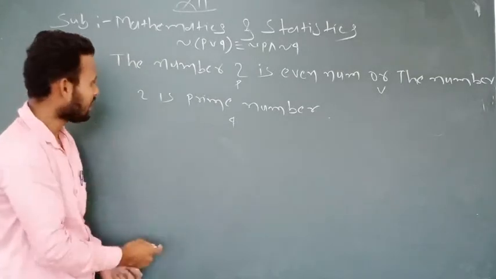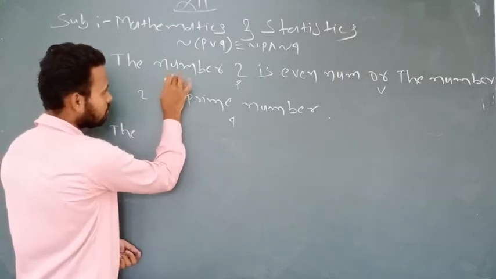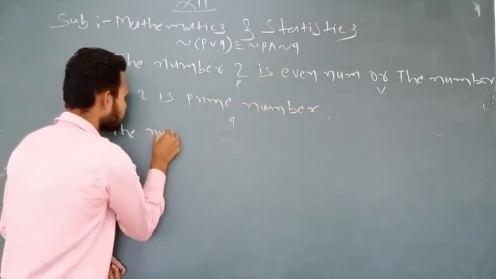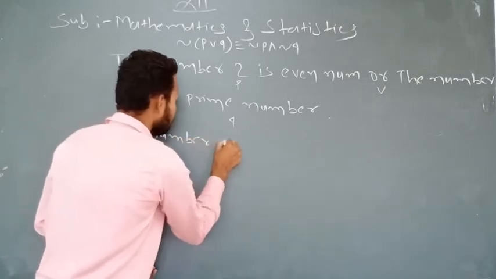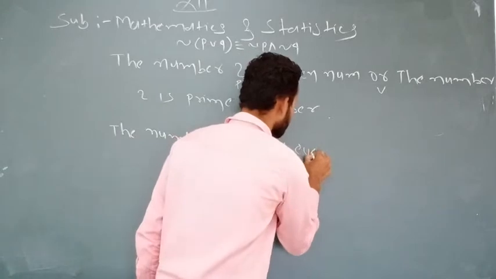Then the negation of that statement: first take the negation of the statement the number 2 is an even number, which is the number 2 is not an even number.